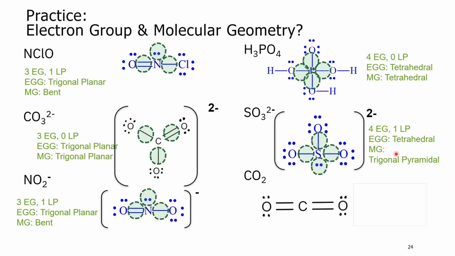The electron group geometry is tetrahedral, and the molecular geometry is trigonal pyramidal. Finally, for carbon dioxide, the central carbon atom has 2 electron groups. Neither electron group is a lone pair. Therefore, both the electron group geometry and the molecular geometry are linear.